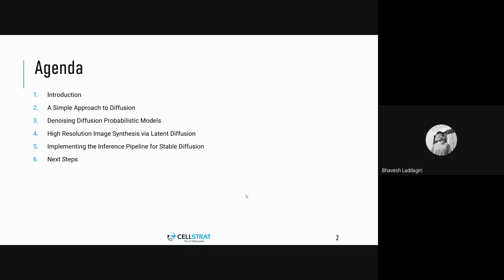This is one of the foundational papers of diffusion models, or at least modern diffusion models. This is the first paper of that, and then we look at the stable diffusion paper, and then implement the inference pipeline for stable diffusion from scratch.